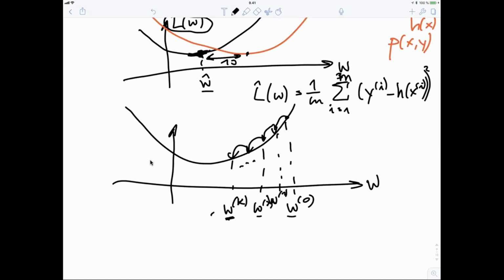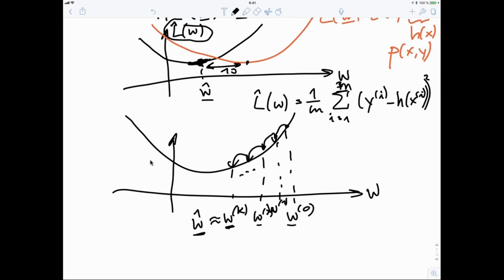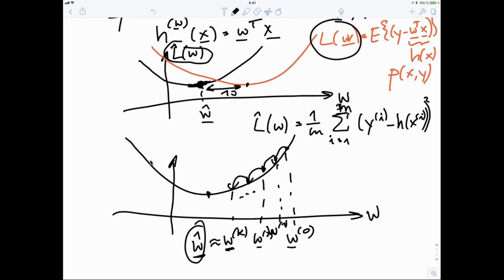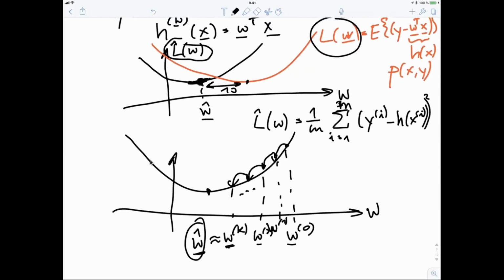After K times, we stop, and we hope that this is a good approximation for the solution of the empirical risk minimization. Again, this is not what we're ultimately interested in. What we're ultimately interested in is the minimizer of the risk. However, we hope that we do not overfit, and the optimizer of this empirical risk is also close to the optimizer of the risk.